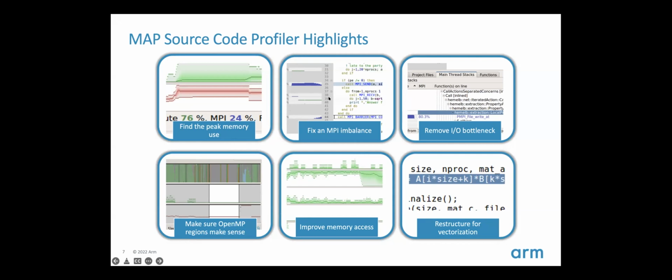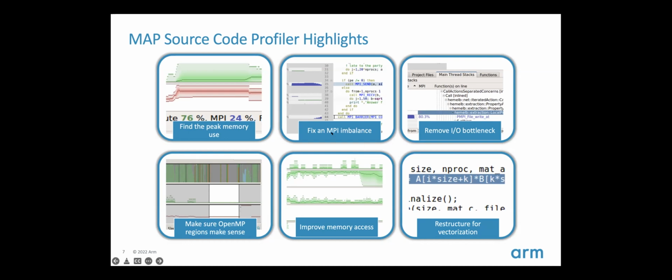For example, you can see here on the MPI imbalance issue, we have different colors in the sidebar, and that indicates different usages. The green is going to be CPU usage, and the bluish purple here is going to be the MPI communication. So you can very quickly visually see where your bottlenecks are, and the software will help guide you to those imbalance points.